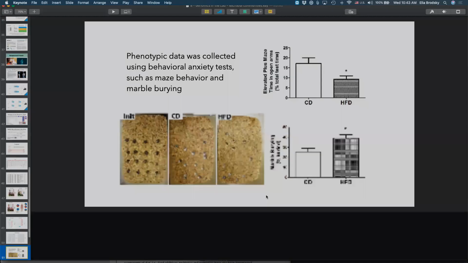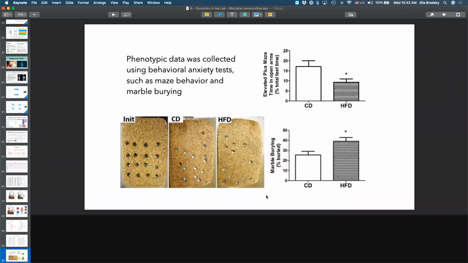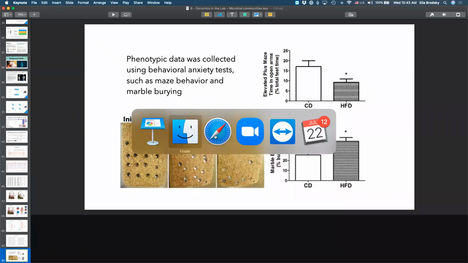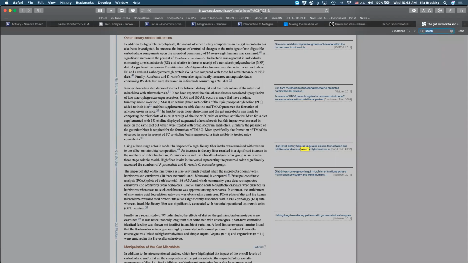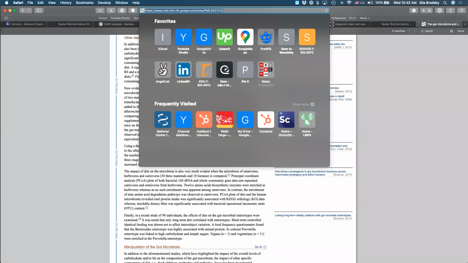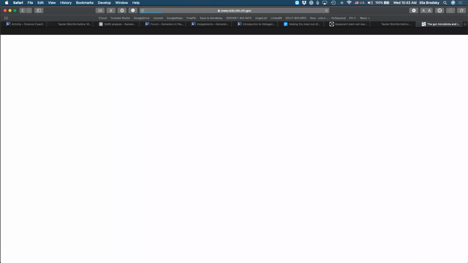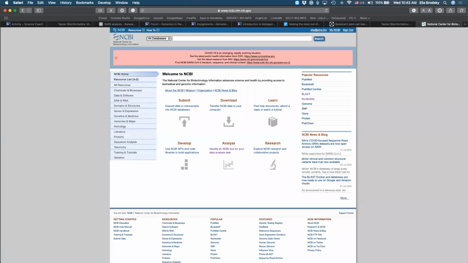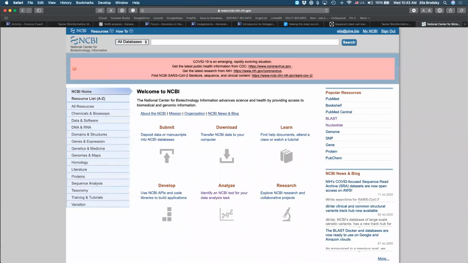So before we finish off today, let's see what kinds of data sets are available on NCBI about 16S metagenomic sequence. So how do we actually find this data?